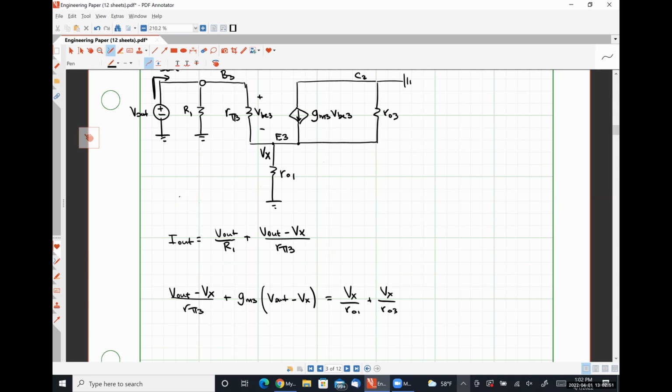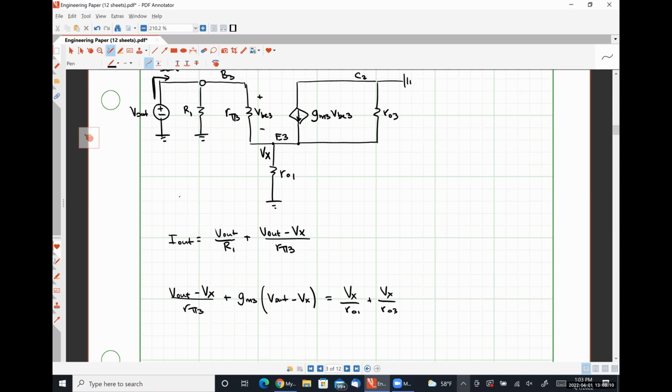Are we okay with that? Everybody okay with that? So I know this nodal voltage is Vx, so current flowing out is Vx over R naught 1, current flowing out this way. Current flowing in is equal to current flowing out.